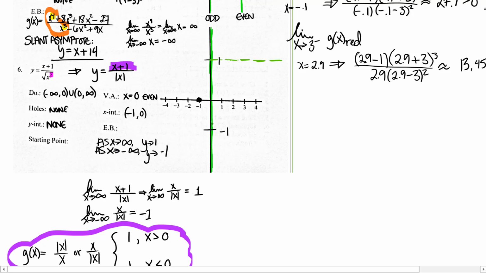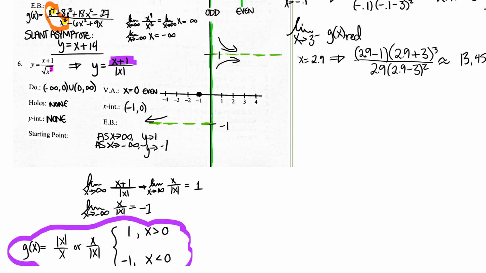And then as x approaches negative infinity, y approaches -1. So on the negative side, because it's an end behavior, if you drew it all the way across, that's not incorrect, okay? But I just don't want you to confuse yourself. So the branch to the left of x equals 0 needs to hug this end behavior asymptote, but also needs to hug the vertical asymptote of x equals 0.